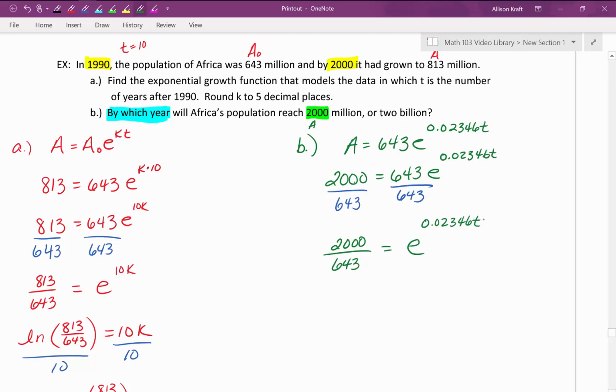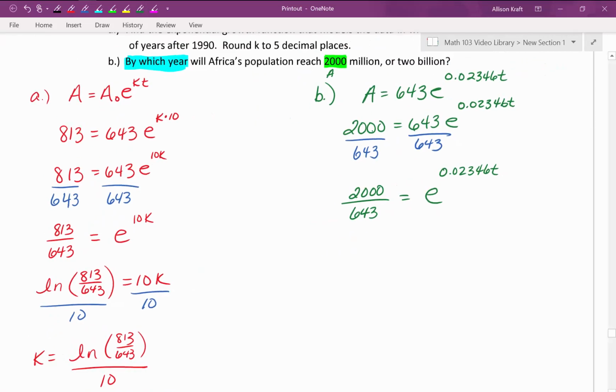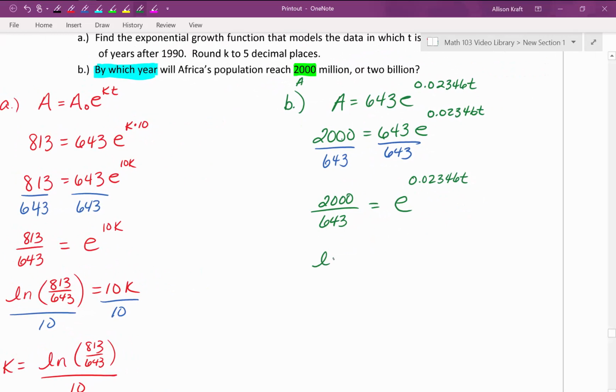The one-to-one property won't apply here because we're not going to be able to rewrite both sides with the same base. So instead, we'll rewrite it as a log. We get the natural log of 2,000 over 643 is equal to 0.02346t. And to solve for t, we'll divide both sides.